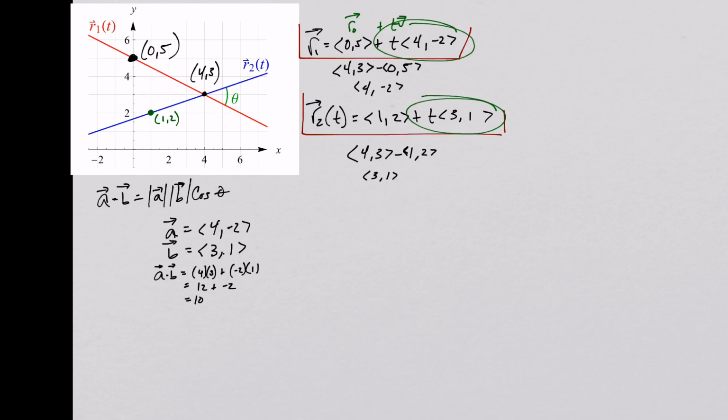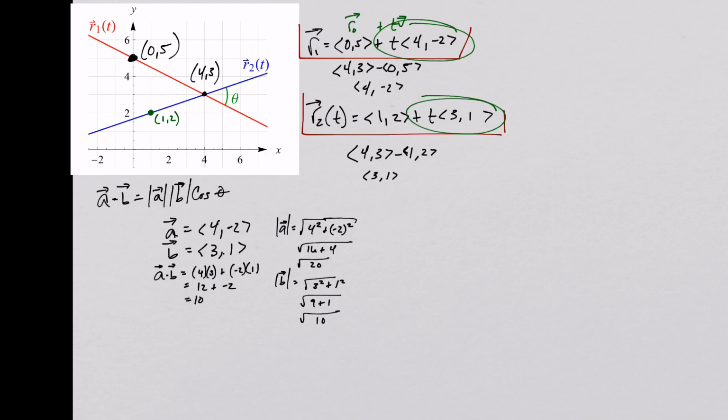The other thing we need is the magnitude of A. The magnitude of A is going to be equal to the square root of 4 squared plus -2 squared. So that's the square root of 16 plus 4, square root of 20. And we'll find the magnitude of B, which is the square root of 3 squared plus 1 squared. So it's the square root of 9 plus 1, square root of 10.